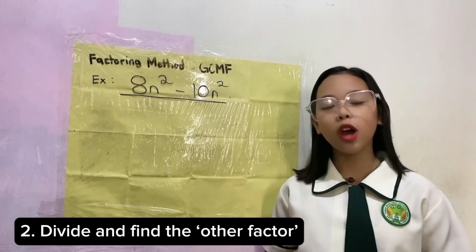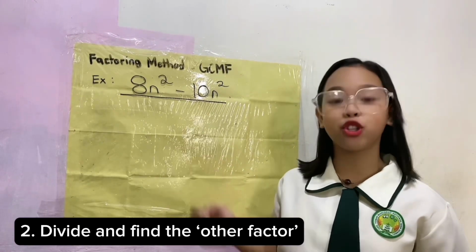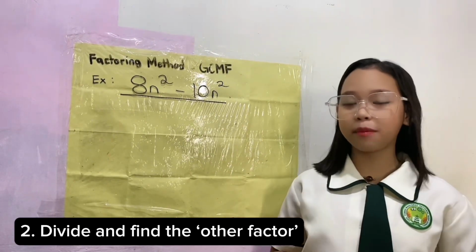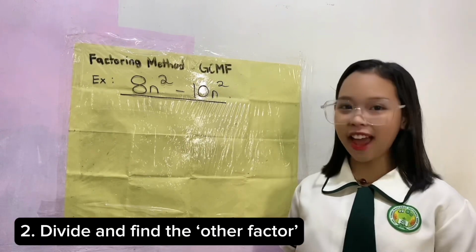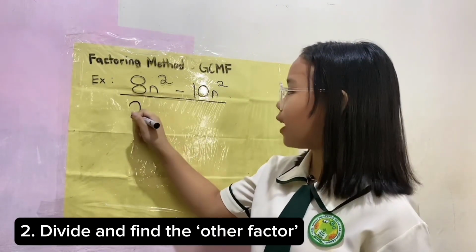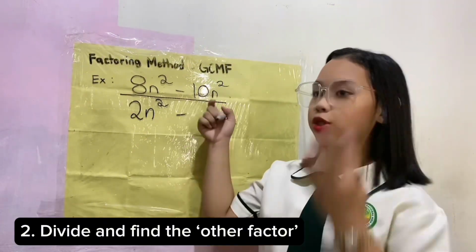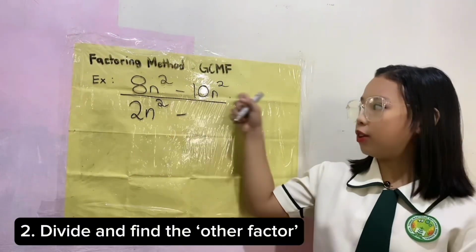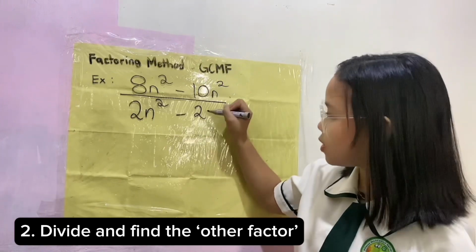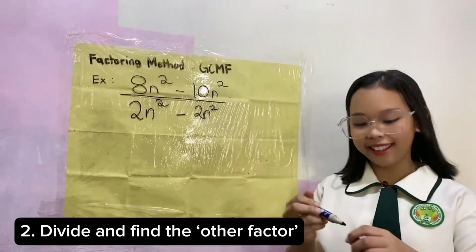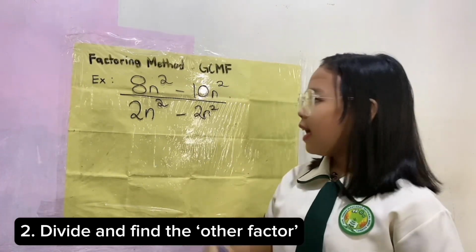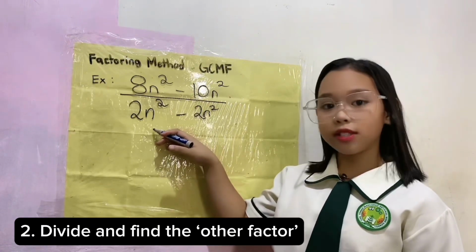Now, for step 2, we have to divide each term by their GCMF. What is their GCMF again? That's right, their GCMF is 2n squared. So we'll have here 8n squared divided by 2n squared minus 10n squared divided by 2n squared. Alright, so let's divide it now. 8n squared divided by 2n squared.